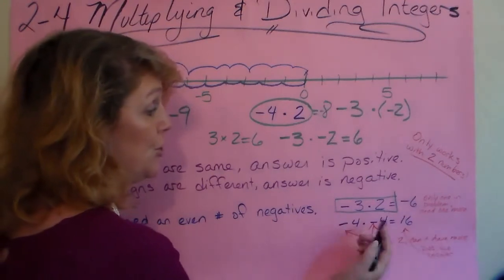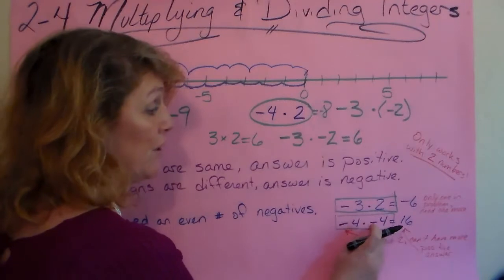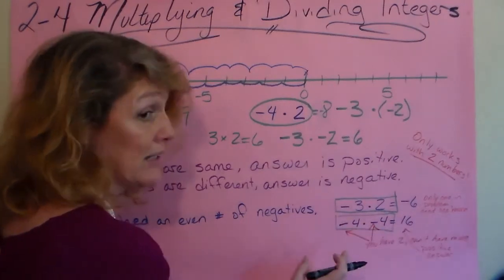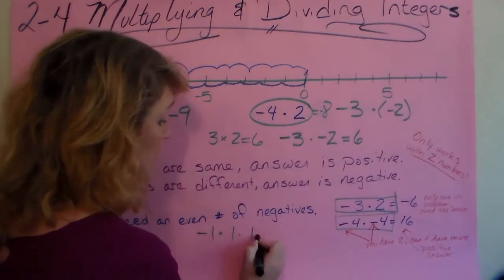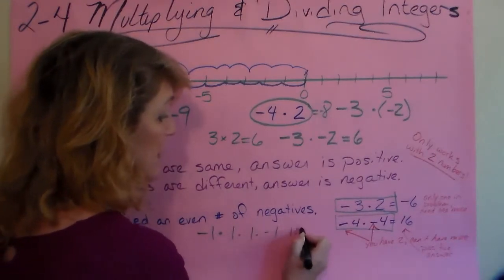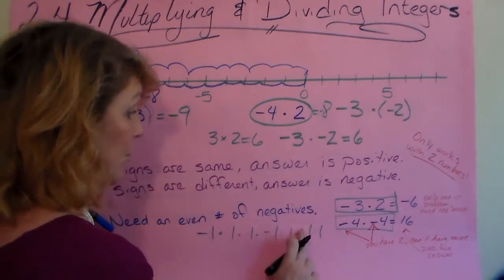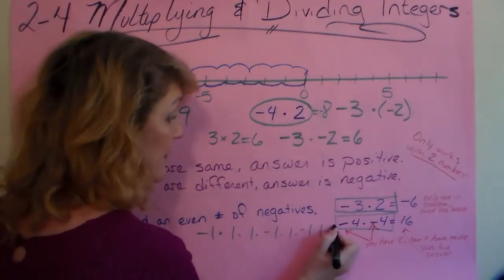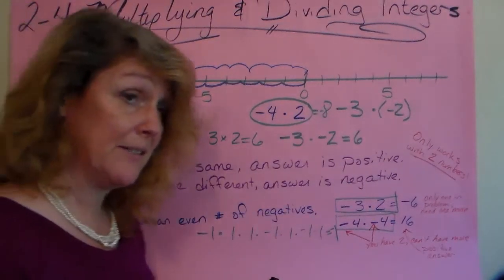But if you've got 2 negatives in your problem, you've got your even number already, so the answer has to be positive. That way, if you have negative 1 times 1 times 1 times negative 1 times 1 times negative 1 times 1, you can go, okay, 2, 3. The answer is going to be negative 1, because I know there has to be an even number of negatives. Does that make sense?